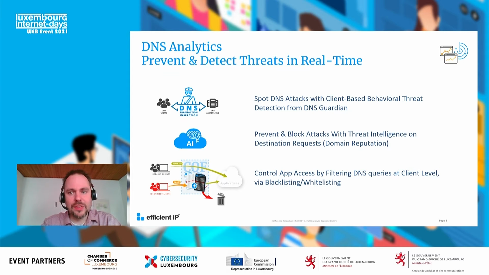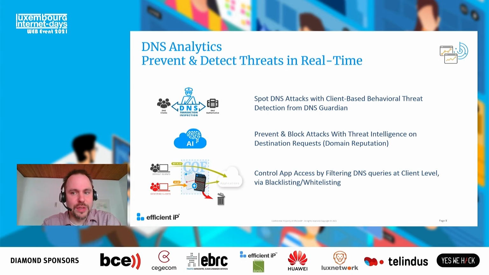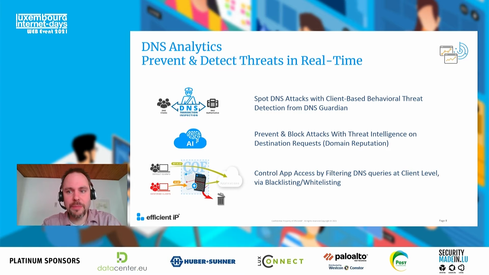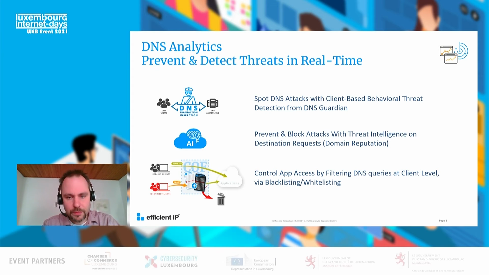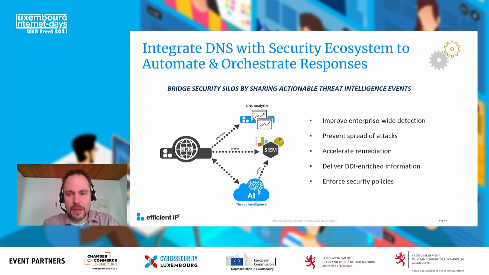And we offer application access control by filtering DNS requests at the client level, so you can distinguish between groups of clients down to the individual client, and that is pretty unique actually, between internal and external applications, and of course also based on internet categories like most do. Next slide.